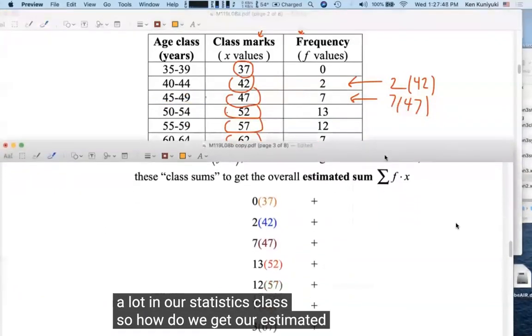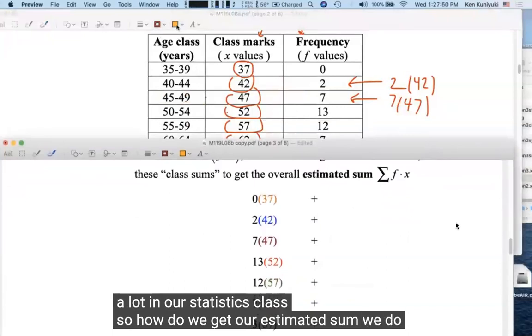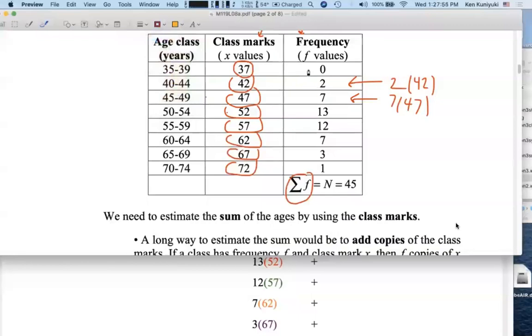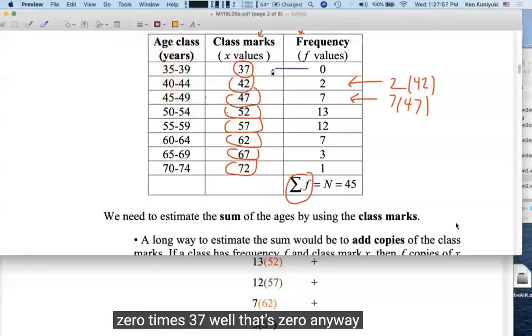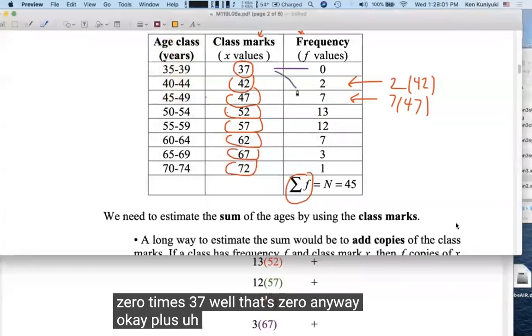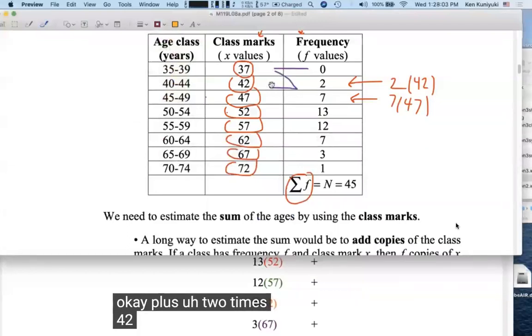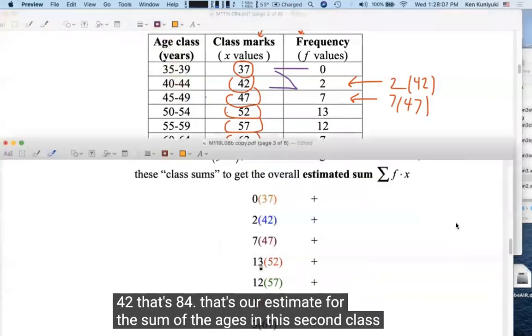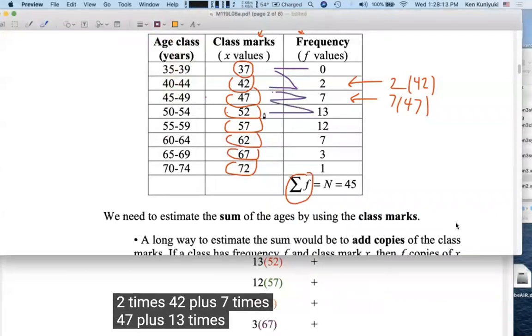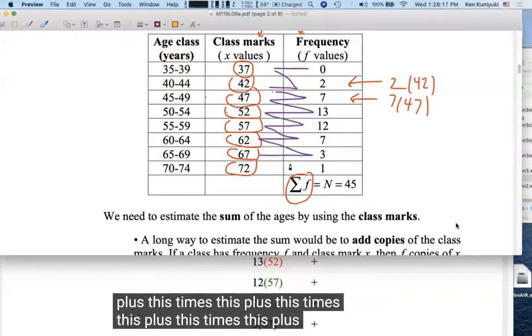So how do we get our estimated sum? We do 0 times 37, well, that's 0 anyway, plus 2 times 42, that's 84. That's our estimate for the sum of the ages in the second class, 2 times 42, plus 7 times 47, plus 13 times 52, plus this times this, plus this times this, plus this times this, plus this times this.